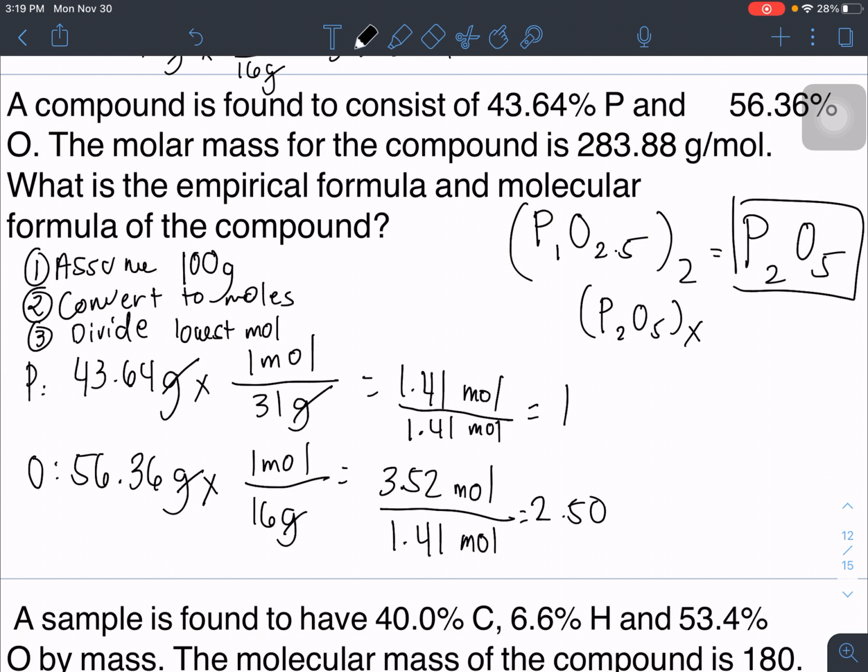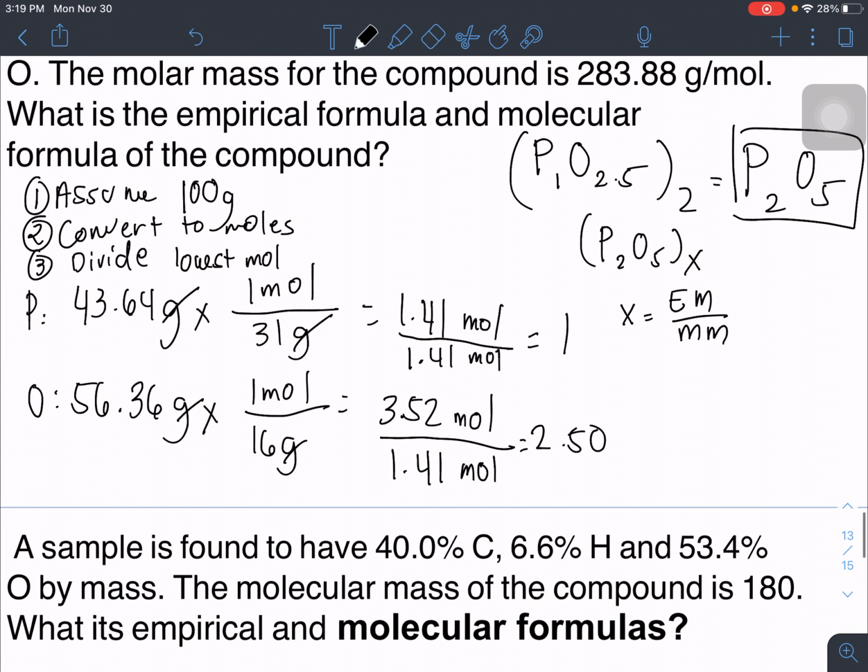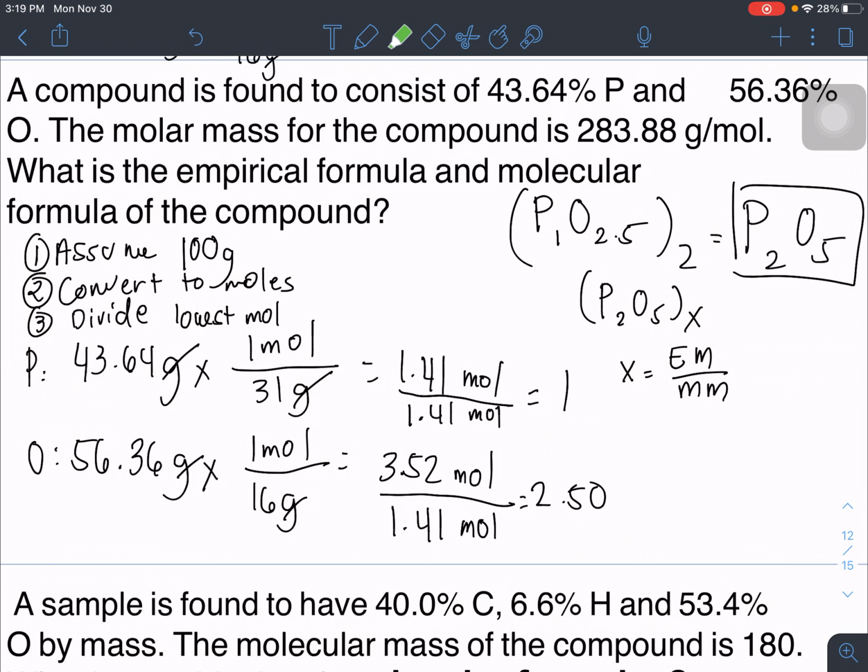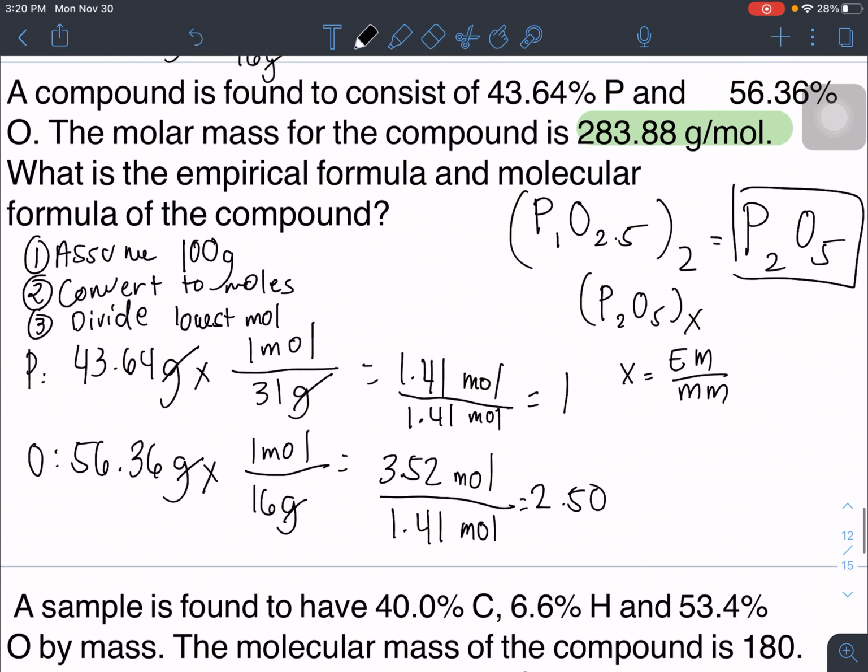Okay, so x is equal to empirical mass over the molar mass. Okay, molar mass given is 283.88 grams per mole.